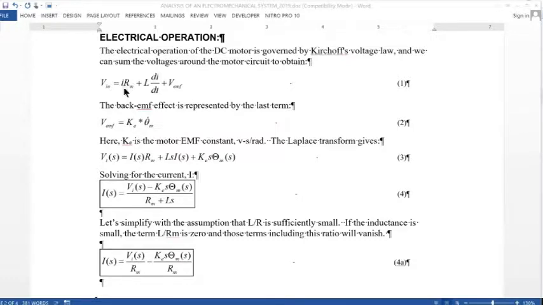We know what the voltage is going across the resistance of the motor, that's IR, and we know what the voltage is that's generated by the inductance, L di/dt. And then there's also this other back EMF voltage that I've talked about. It opposes the motion. This opposes the voltage that I apply. Back EMF is here. And what we can do is just sum those things.